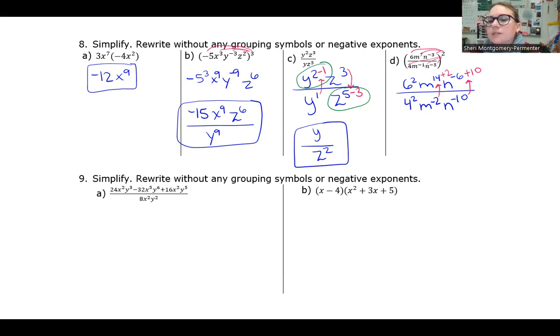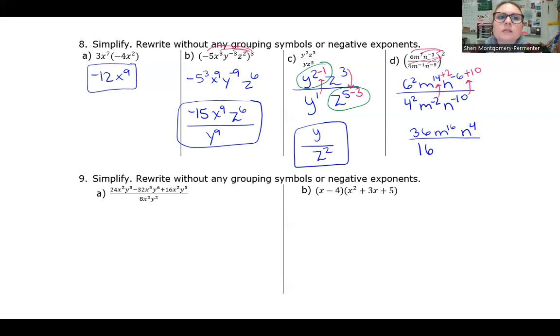So I'm going to rewrite this. What is 6 squared, or 6 times 6? 36. And then I have m, 14 plus 2 is 16. And n, 10 minus 6 is 4. On the bottom, what's 4 times 4? 16.